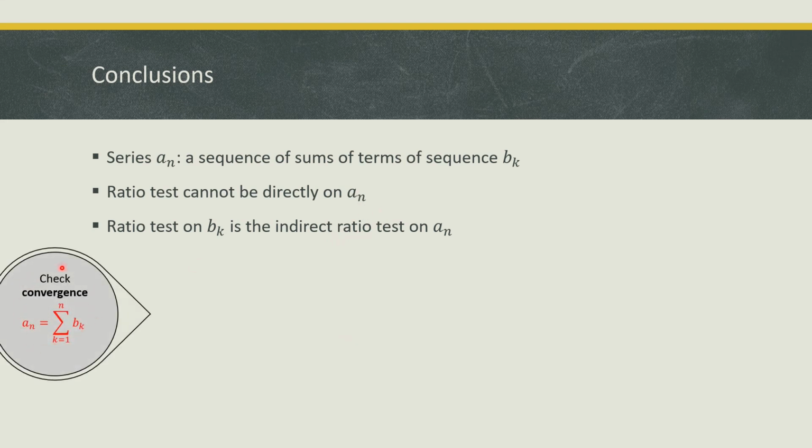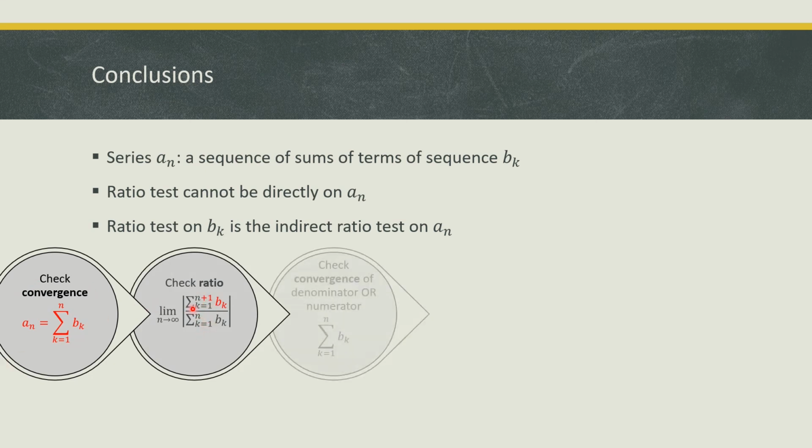So if we want to check the convergence here, normally we'd want to do the ratio test, but because this is rather complicated to evaluate, we just notice that if the numerator converges, then the denominator also converges. And if the numerator diverges, then so does the denominator. And so we need to only check one of either the numerator or the denominator.